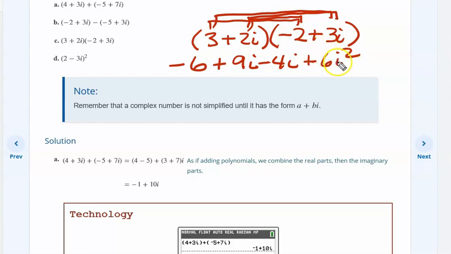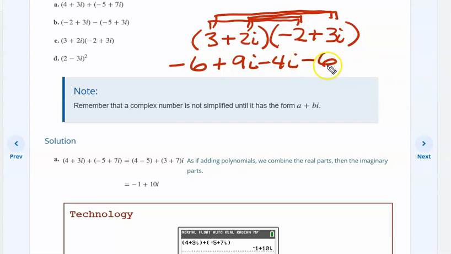Now, this is where the i squared comes in. Can't leave it as that. What is i squared? i squared is a negative 1. So this becomes positive 6 times negative 1, which is a negative 6. So I'm going to erase this. I wanted you to see where it came from. This will become a negative 6 here.